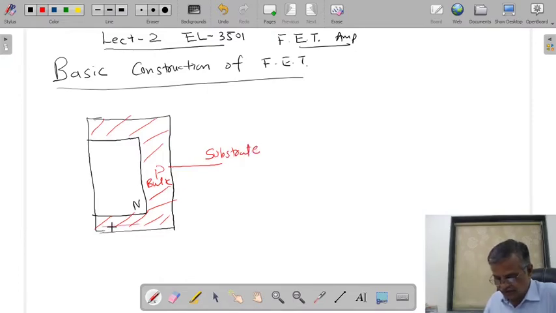So in this you diffuse your N-type material.